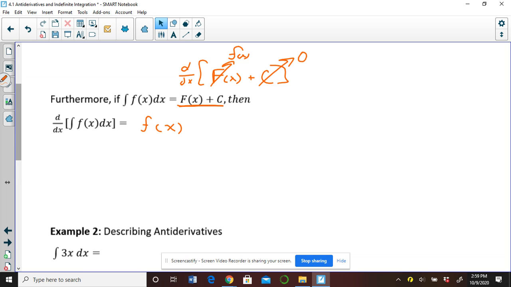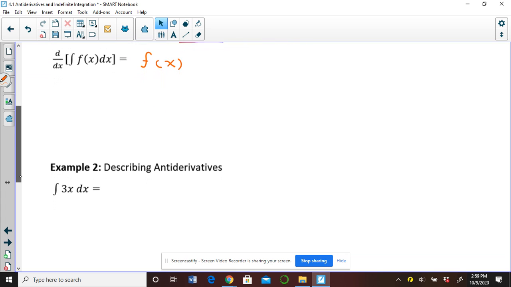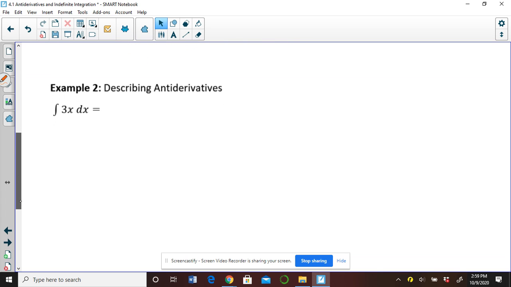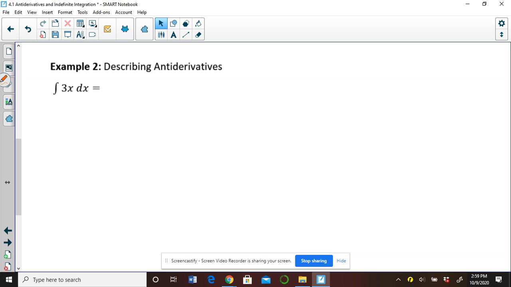And there will be a theorem for that later on that'll have a little more significance because it'll have bounds. Then we're going to find the antiderivative, and we're going to actually come up with a little formula like we had for derivatives. So we're going to integrate 3x dx. We're reversing the process.